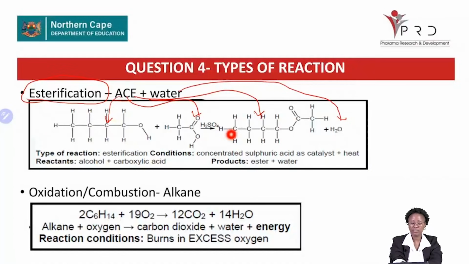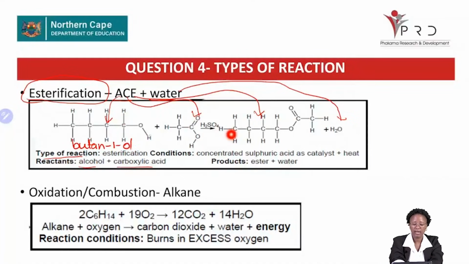Now, what is important is the reaction condition that this reaction takes place. Remember, we need concentrated sulfuric acid, which acts as a catalyst in this reaction to speed up the process. Very much important to remember. The reactants, we said it's alcohol and the carboxylic acid. In this case, we have 1, 2, 3, 4, we have butan-1-ol.